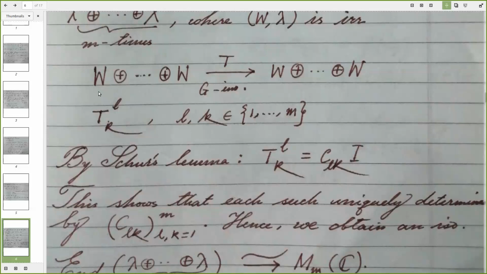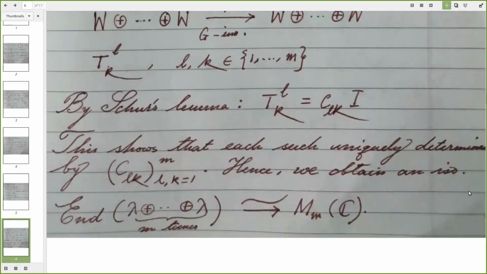So T is completely determined if T_lk are determined, and T_lk are given by c_lk. Thus a G-invariant linear map is uniquely determined by a collection of complex numbers c_lk, l and k both running from 1 up to m. So from here, we obtain an isomorphism of this ring of endomorphisms to the matrix algebra.